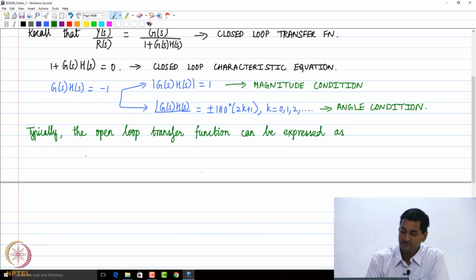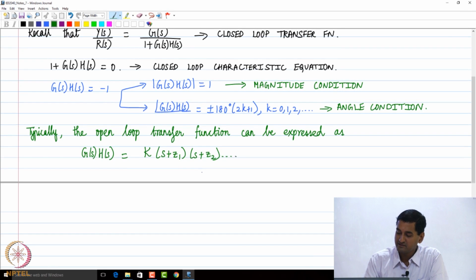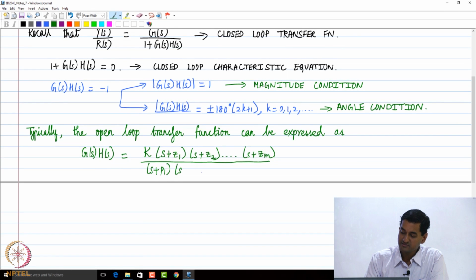Suppose we are able to express the open loop transfer function in this form: G(s)H(s) being some constant k times (s plus z1), (s plus z2), all the way till (s plus zm), divided by (s plus p1), (s plus p2), all the way till (s plus pn).